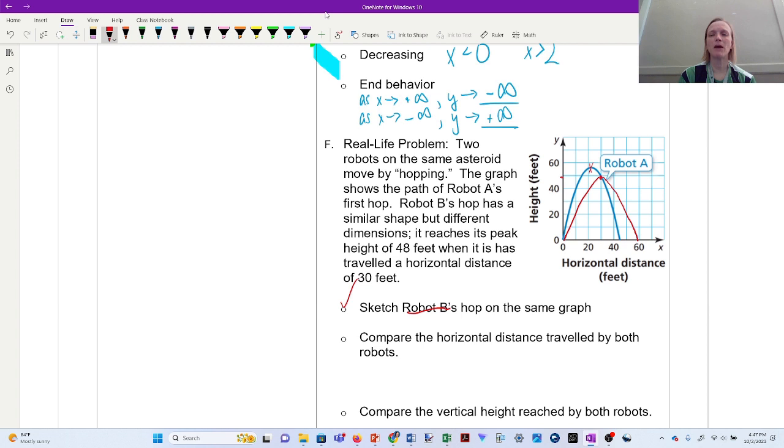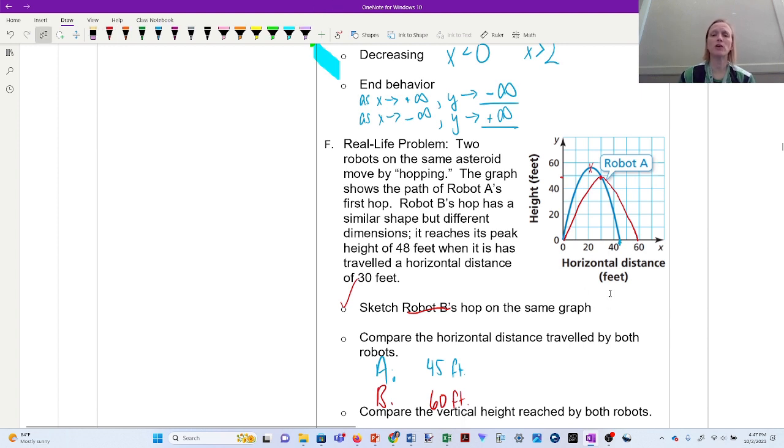And now I'm going to compare the horizontal distance traveled by both robots. Robot A traveled, a little hard to tell because it's between values here, but that looks like 45 feet. And robot B, we know for sure, traveled 60 feet. So robot B traveled further horizontally.